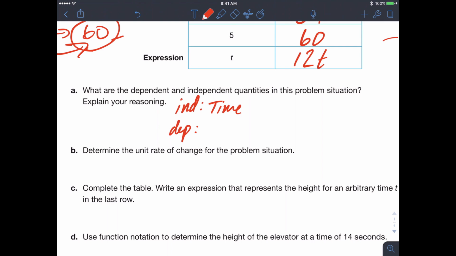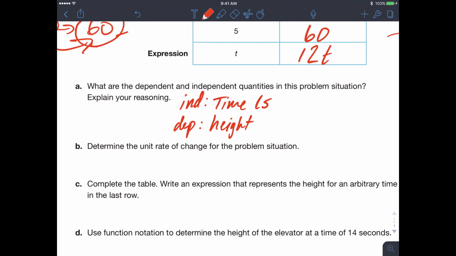Dependent is height. And what unit of measurement would they be? Time would be measured in seconds. Height, probably feet. Okay?